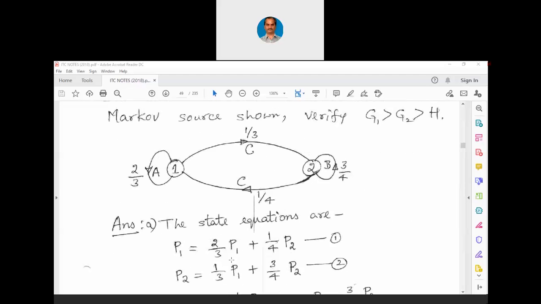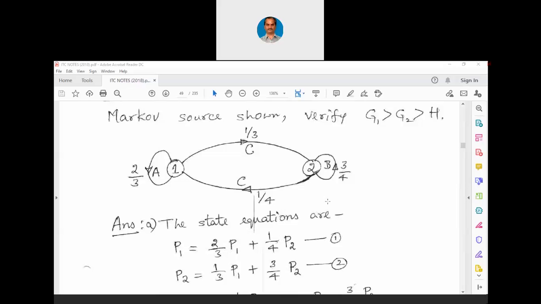P1 is equal to 2 by 3 P1 plus 1 by 4 P2. How? This is written based on the symbols being received at the state, right? So 2 by 3, A is received at state 1. And C is received at state 1, and C is obtained from state 2. So it is 2 by 3 P1 plus 1 by 4 P2.